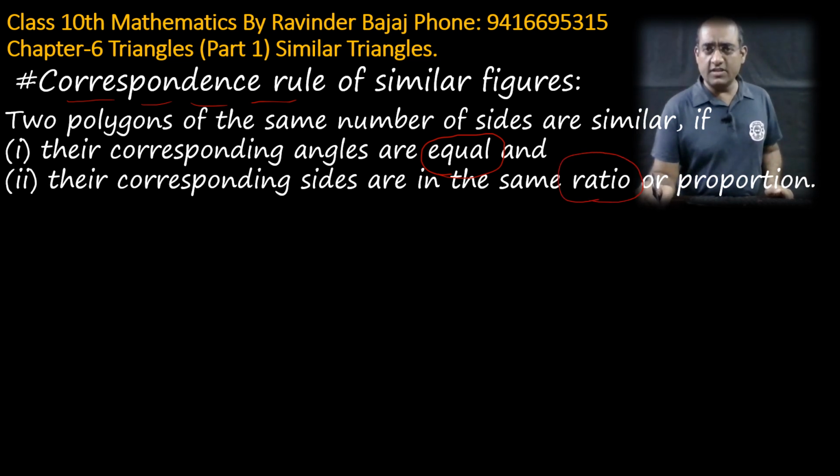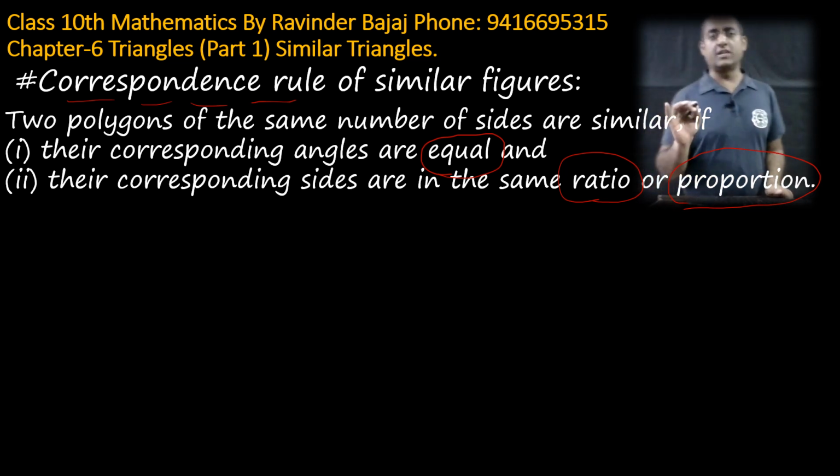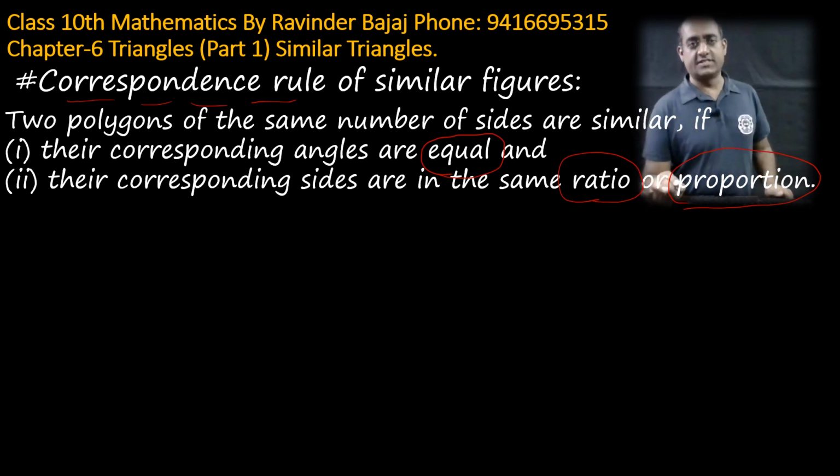I'm not saying sides are equal, but they are in proportion. This type of figures are called similar figures, and while comparing two similar figures, we have to take care of the correspondence, corresponding angle, corresponding side.